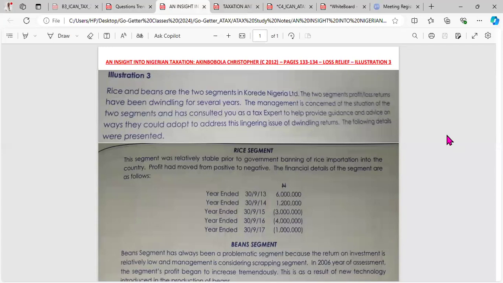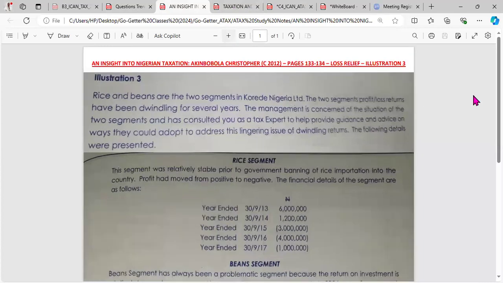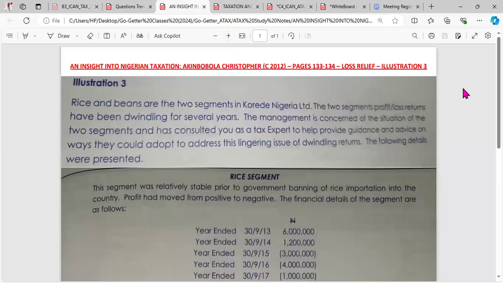Rice and beans are two segments in Korede Nigeria Limited. The two segments' profit and loss returns have been dwindling for several years. The management is concerned about the situation of the two segments and has consulted you as a tax expert to provide guidance and advice on ways they could adopt to address these lingering issues of dwindling returns.